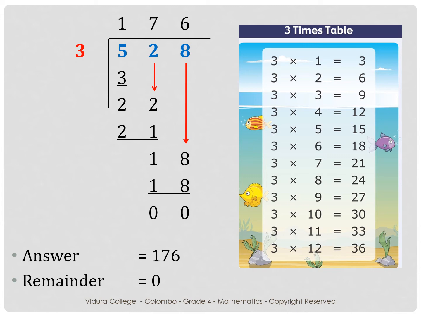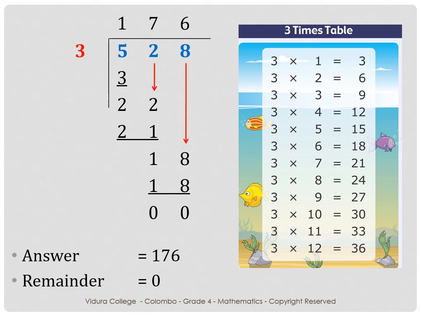Now, you want to multiply 3 into 6. The answer is 18. As shown, you want to write it down. Now, children, you want to deduct 18 from 18. What is the answer? 0.